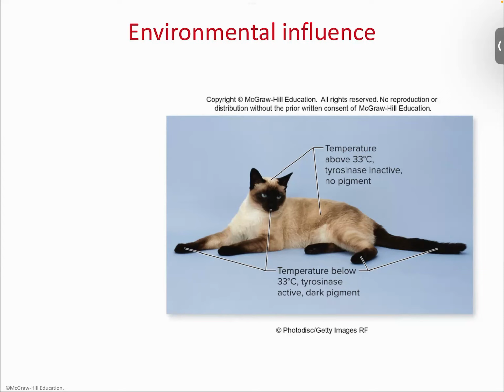Now, this one is not as clean cut as that, because you're not talking about a hard and fast genetic rule per se. You're talking about a bit of a convolution. This is basically where we get into genetics plus environment equals phenotype.